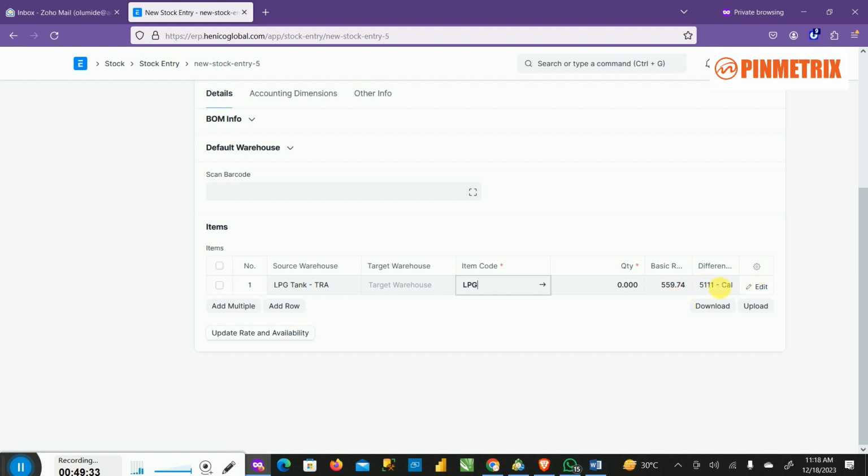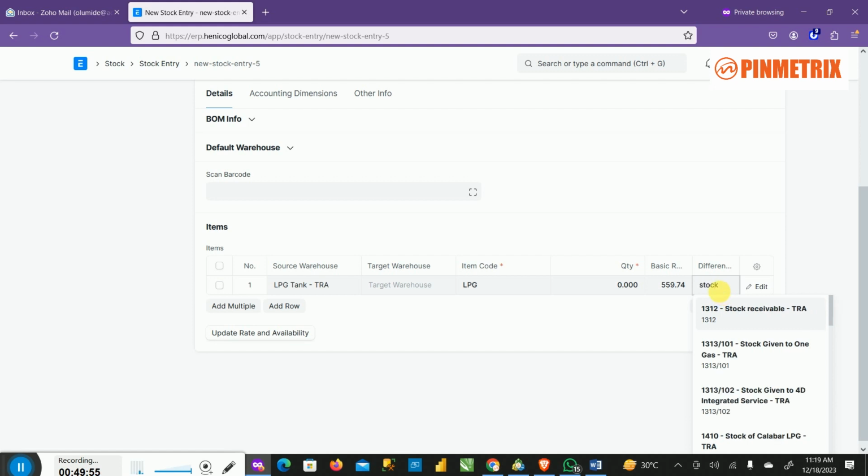Then as well, the account that you are supposed to pick here is what? Because you are giving out to them, you are supposed to see something like stock given to one gas.